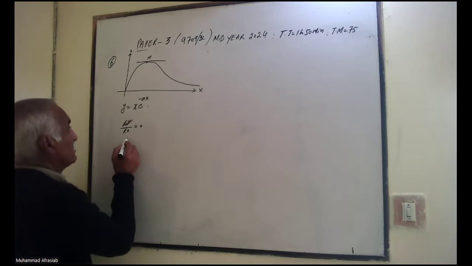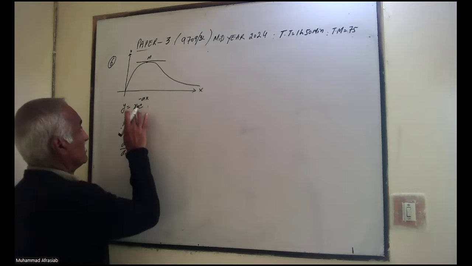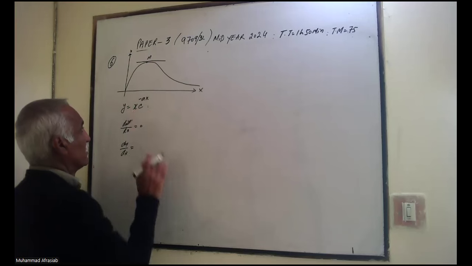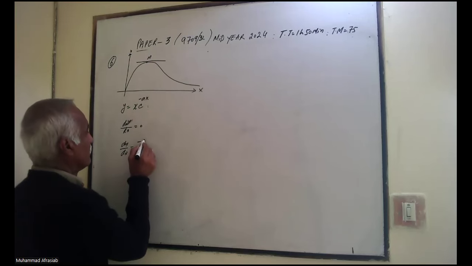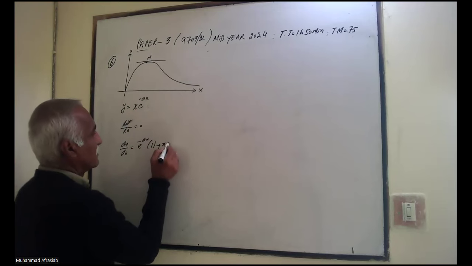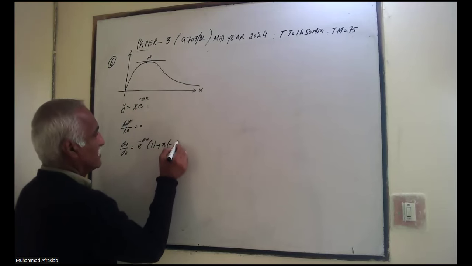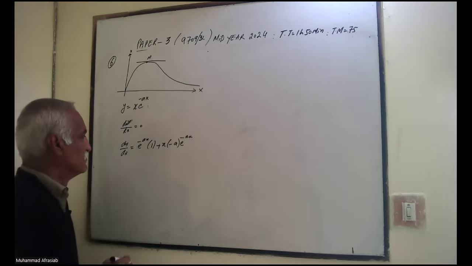Here y is equal to x e power minus ax. So dy by dx is a product rule between the two functions x and e power minus ax. So e power minus ax as it is, x derivative is 1, x as it is into minus a into e power minus ax.